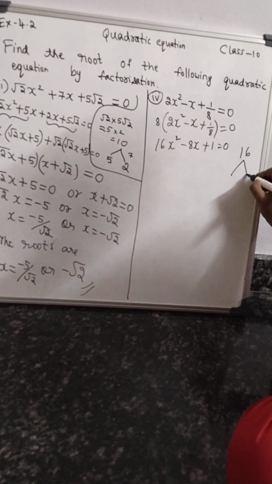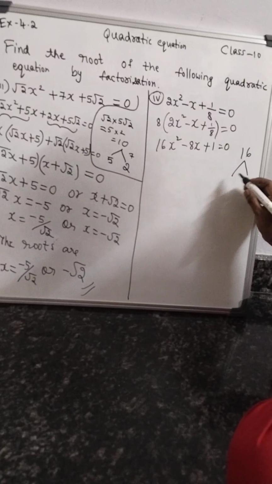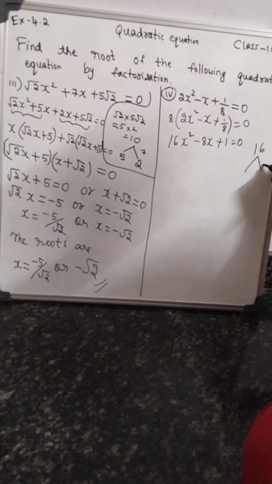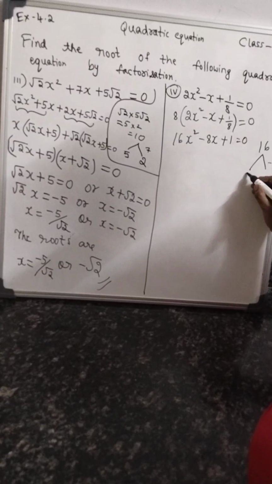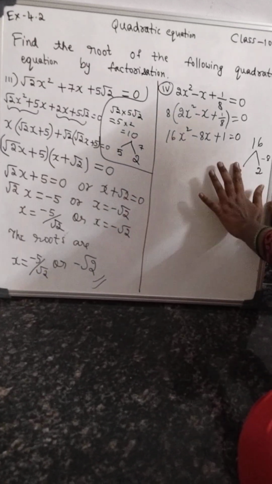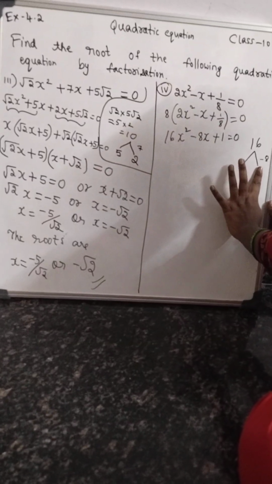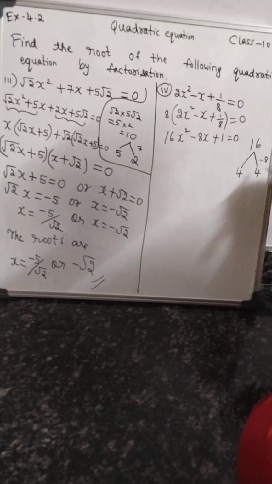Now we have to find the factors of 16 so that when we find the addition or subtraction, we should get minus 8. That is, 8 2s are 16. It is not possible. Then one more possibility is 4 4s are 16.